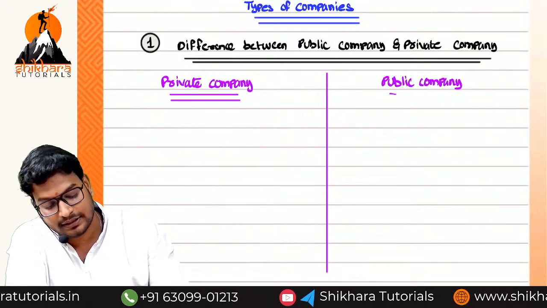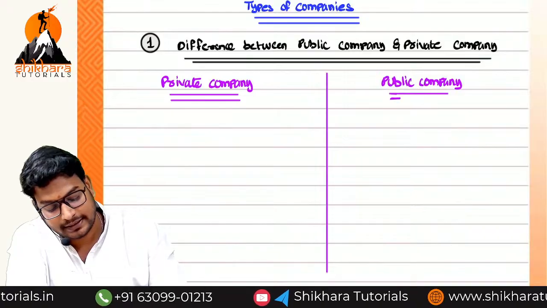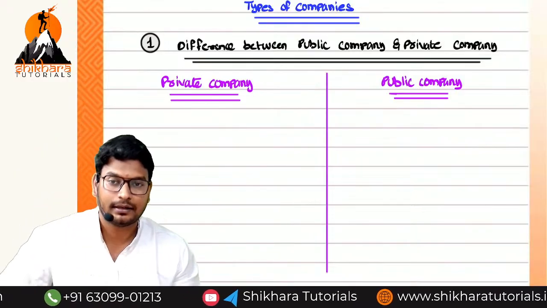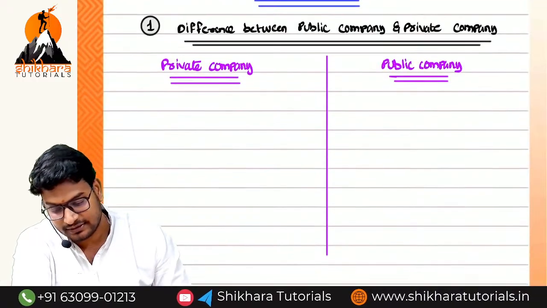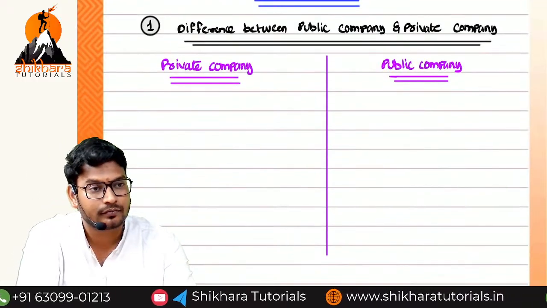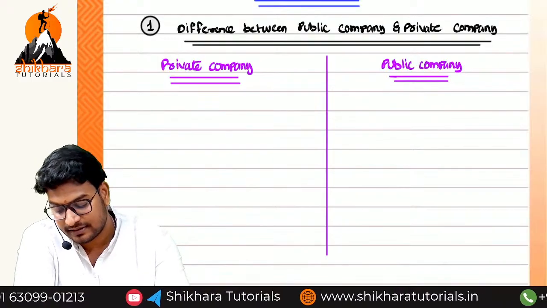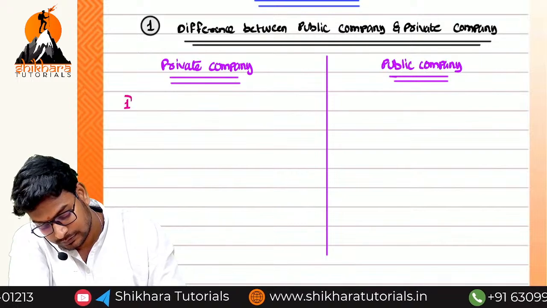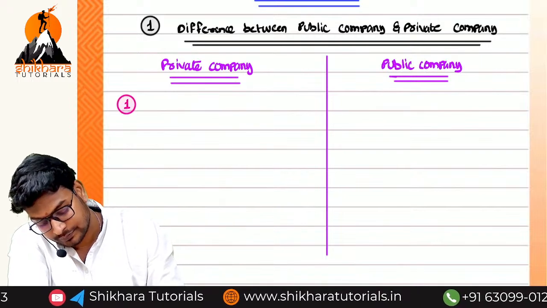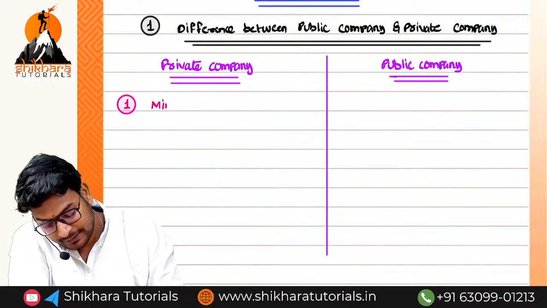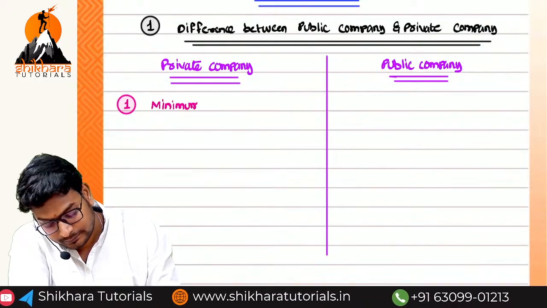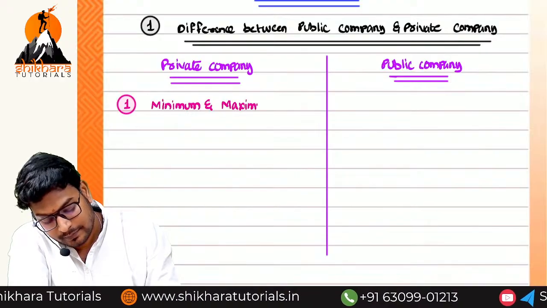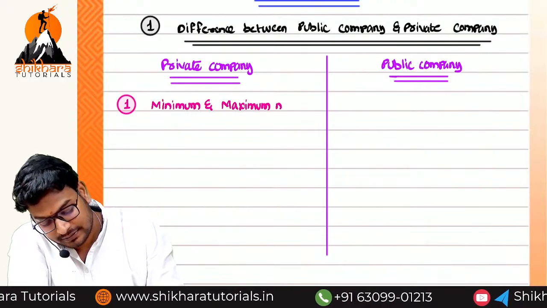Only these points are sufficient from an examination point of view, because they will give MCQs. What is the first difference? Minimum and maximum members.